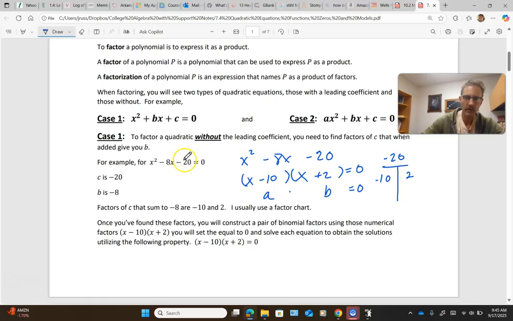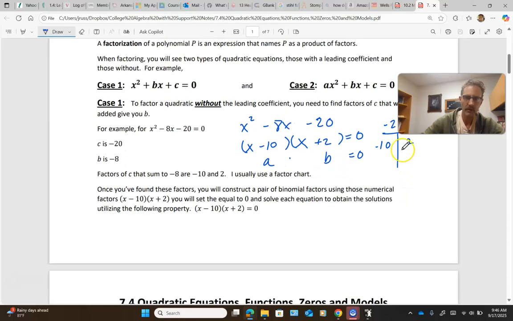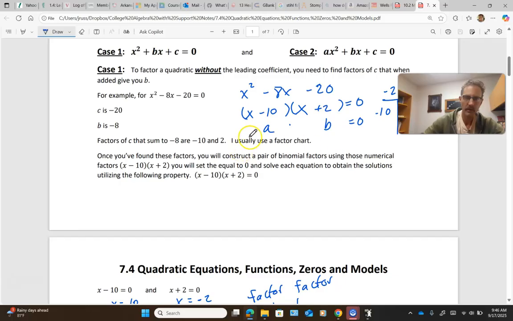So that's what I mean when I say C is equal to negative 20, B is equal to negative 8, and you're trying to find factors of C that sum to give you whatever B is. And those factors are negative 10 and 2. And like I said, I do usually use a factor chart.